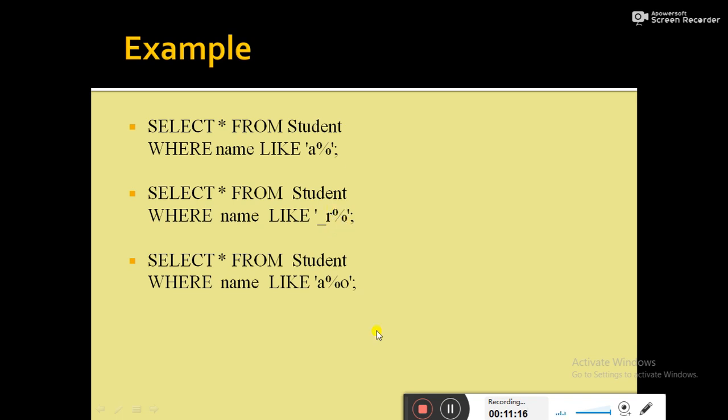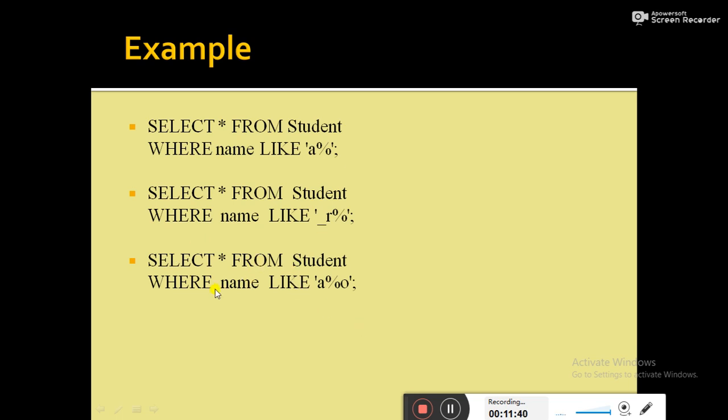And take another example. Select and display the names of all the students whose name starts with A and ends with O, and the length of the string may be anything. That means in between A and O there may be a single character or multiple characters. How to represent that?